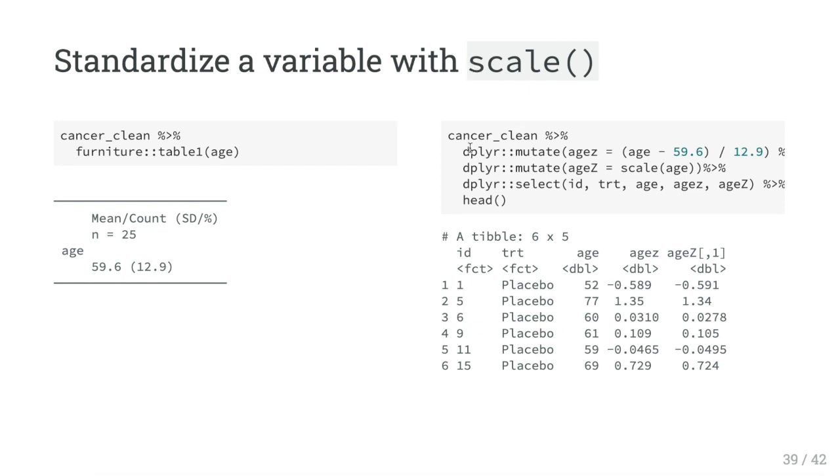So in this case, we have cancer clean and our age variable. We already found out the mean and standard deviation, so we could do it by hand. So this age z is just age minus the mean divided by 12.9, which is the standard deviation. So that standardizes age. Or we can just use the scale function, which will give us the same thing.